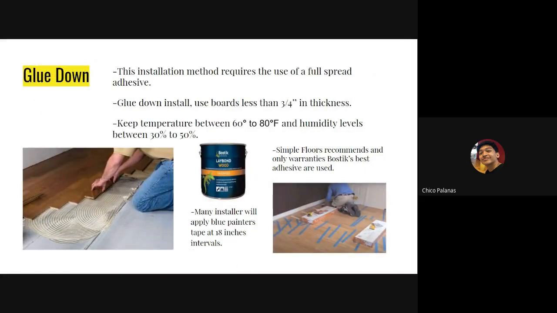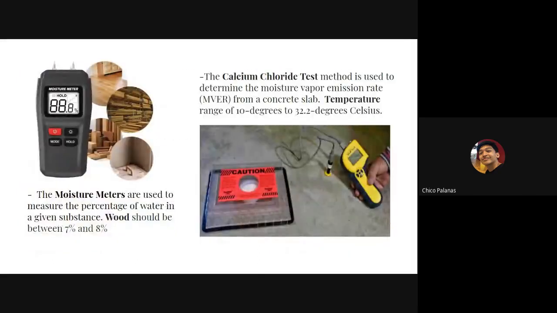Next slide. These are the equipments used for testing moisture, mostly in wood and concrete. On the left is for wood and on the right is for concrete or subfloor. The moisture meters are used to measure the percentage of water in a given substance.